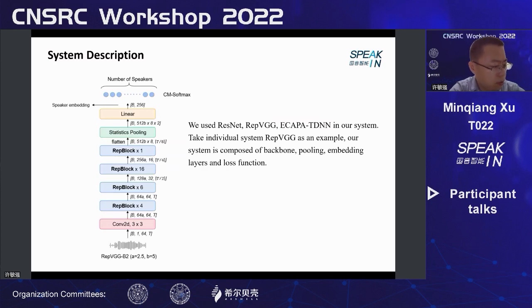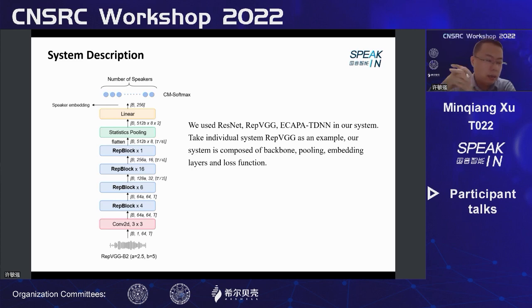We utilize 3 kinds of networks in our systems: ResNet, RepVGG, and ECAPA-TDNN. Our network is composed of a frame-level backbone, a pooling layer, a metric learning module, and loss heads. The structure of the VGG, as one of our networks, is illustrated on the left.